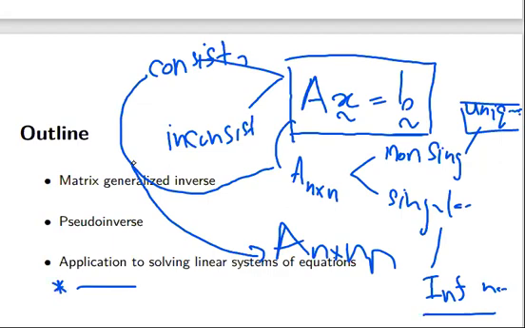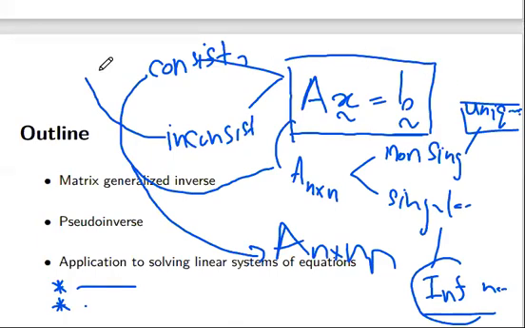So the first one is this one, and another one is when A is a rectangular matrix of a consistent system. And I will discuss the inconsistent case as well. What if this system is inconsistent?